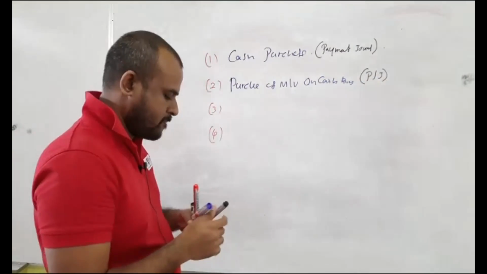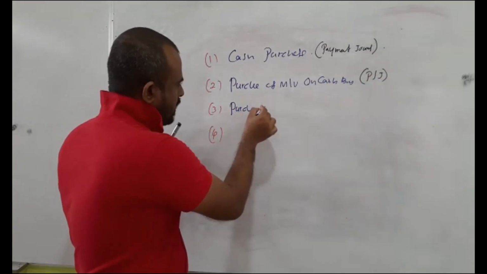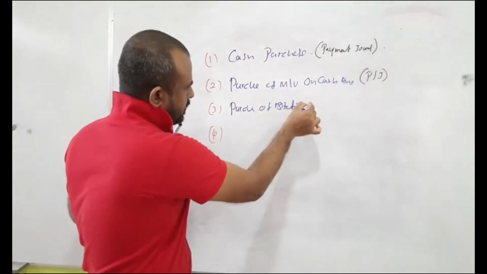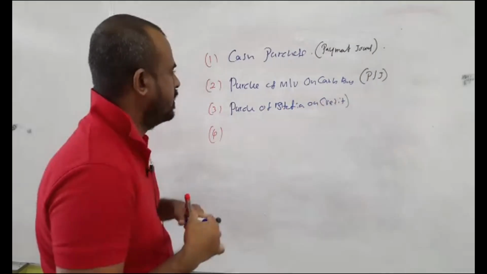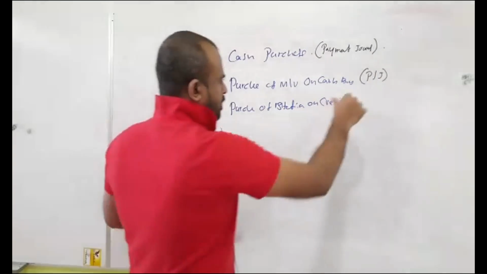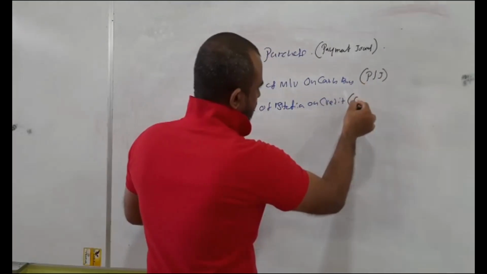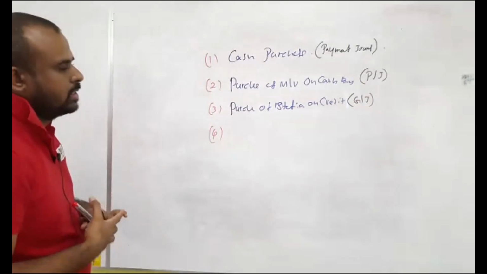What next? Purchase of stationeries on credit basis. That you record in the general journal.